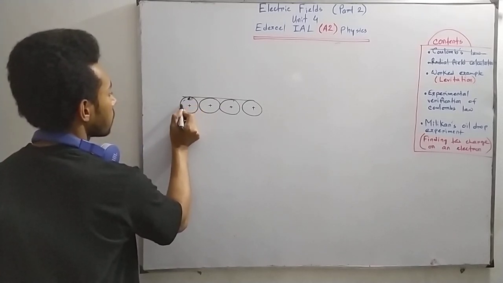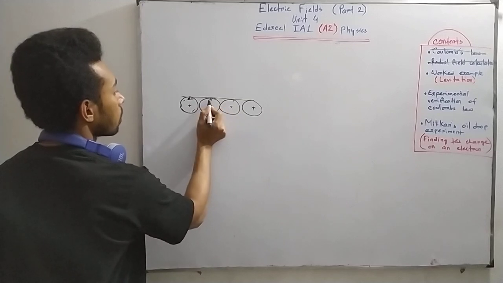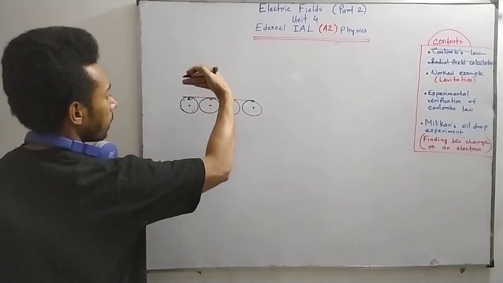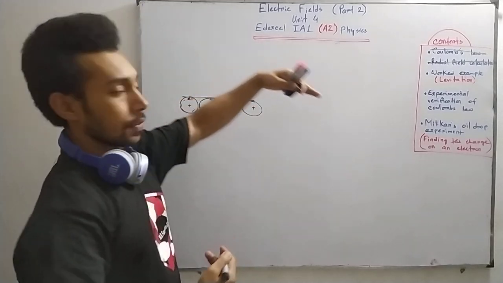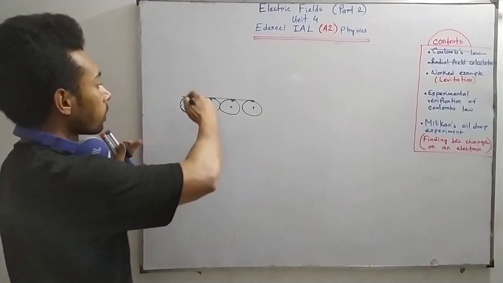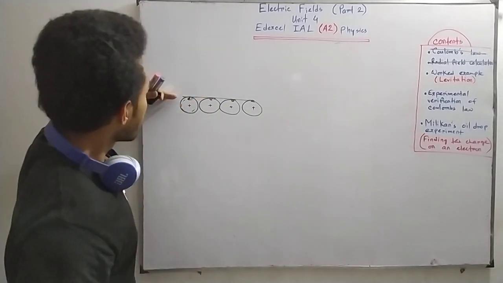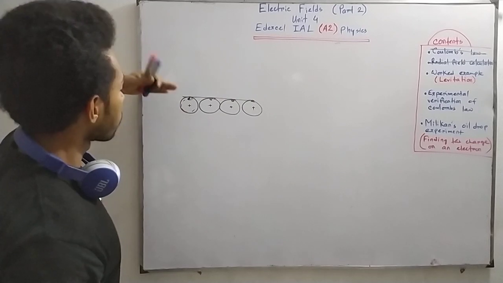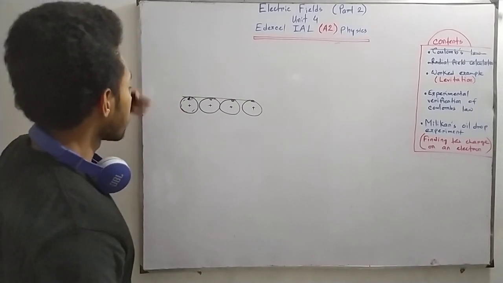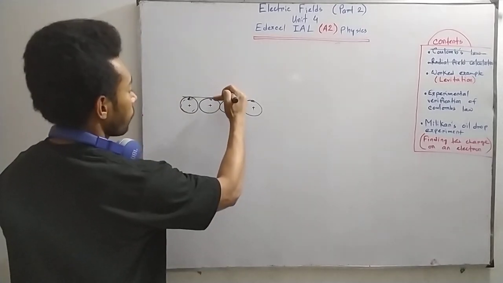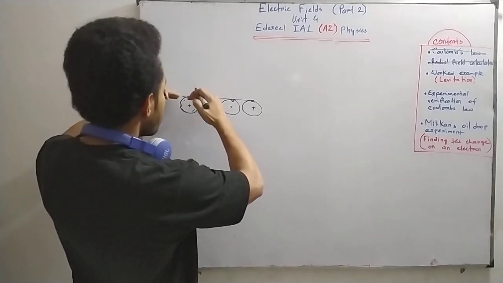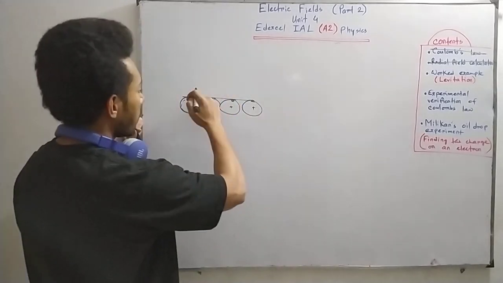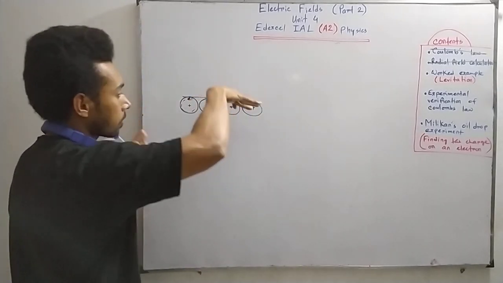So the upper part of the surface will have a sheet of electrons, we can consider, or we can say that the upper part of the surface will have a skin or a layer of electrons on it.